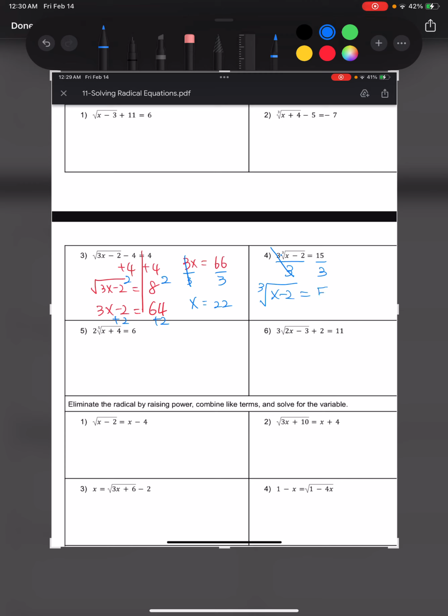The right side is going to be 5. Now you're ready to raise the power. And then you have x minus 2 equals 125. 5 cubed is 125. And then you're going to add 2 to both sides. And then your x is going to be 127.